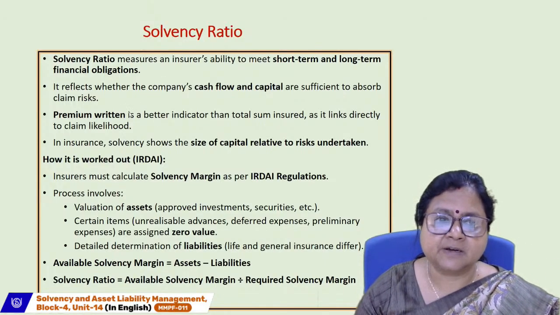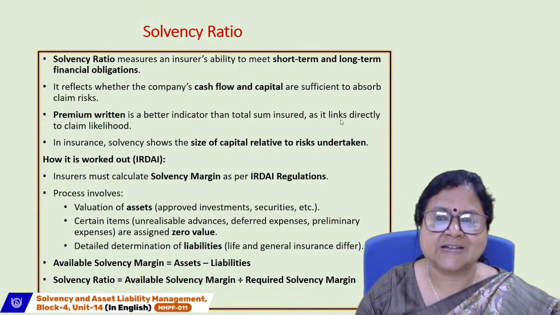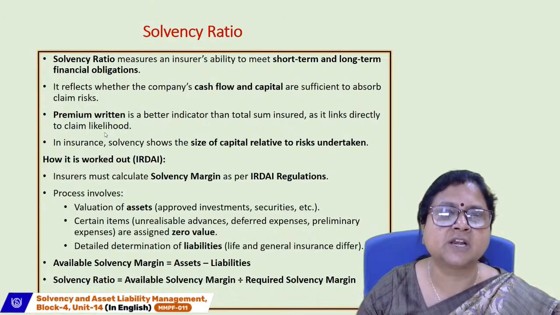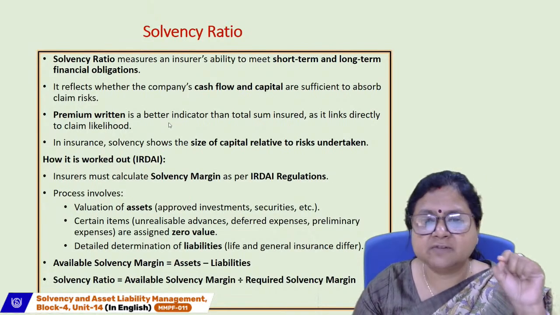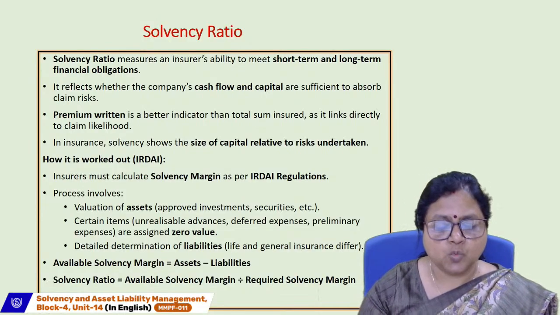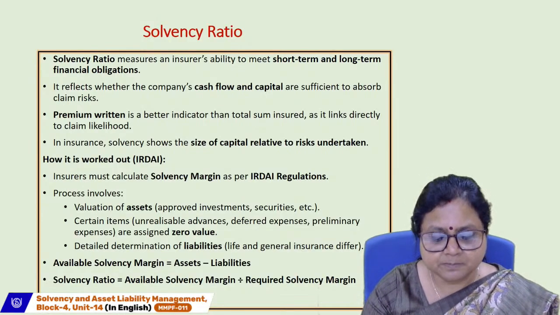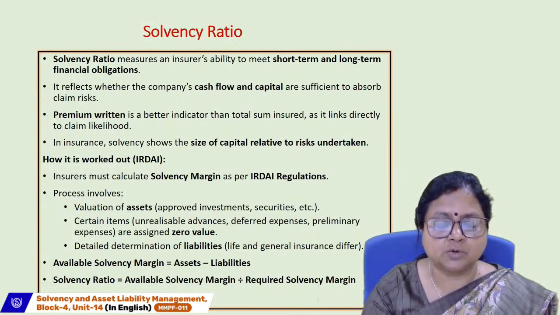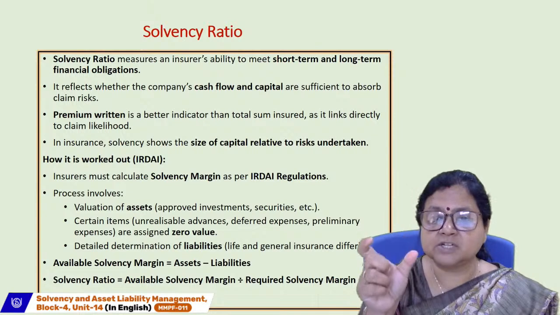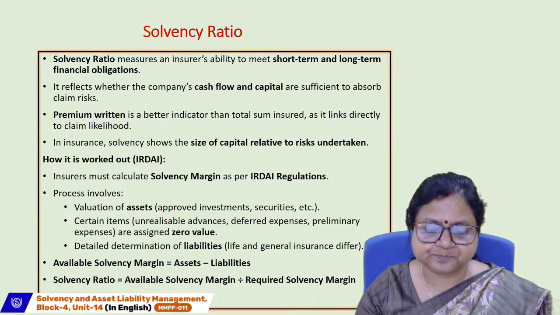A premium return is a better indicator than the total sum assured, as it links directly to claim likelihood. Every individual policy will have two things: one is the premium which is paid by the policyholder, and another is the sum assured which is mentioned in the policy.